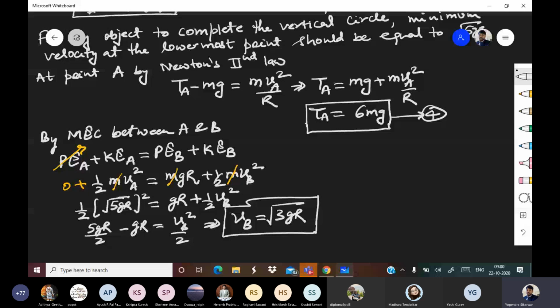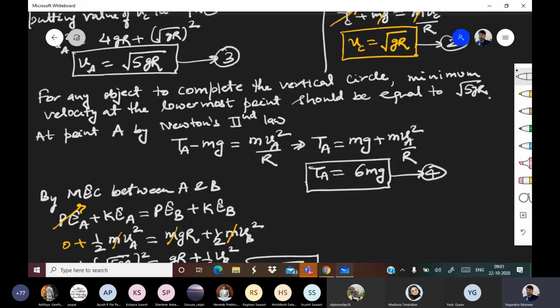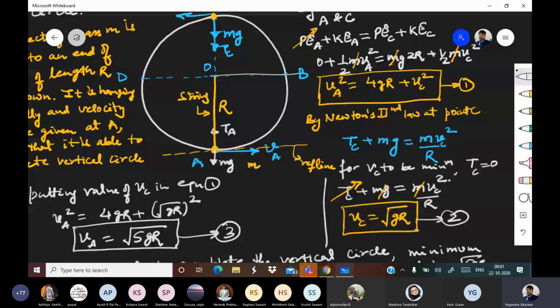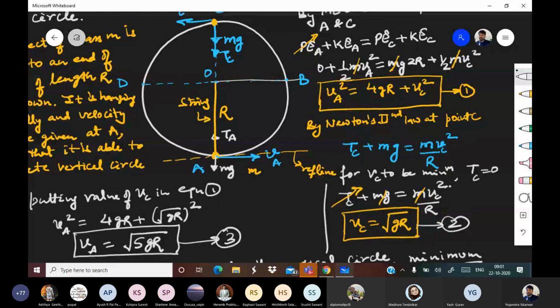After that, please pay attention, everyone. Let me call this equation 5. We have to focus on the diagram to find tension at point B. Mg at point B will be acting downward. Tension will be towards the length of the string, and that will be TB.